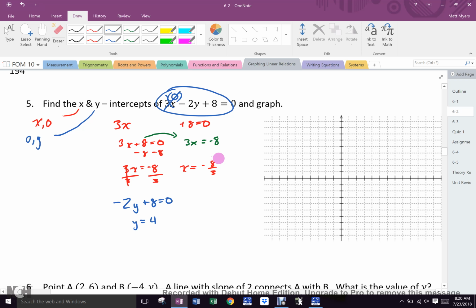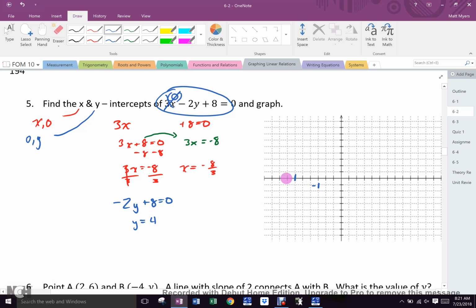Okay, now we've got a problem, because now we have to decide: are we going to put this at a decimal place or are we going to change the scale? If we change the scale, then 1, 2, 3, this is negative 1, right? So 1, 2, 3, that's negative 2, which is negative 6/3.